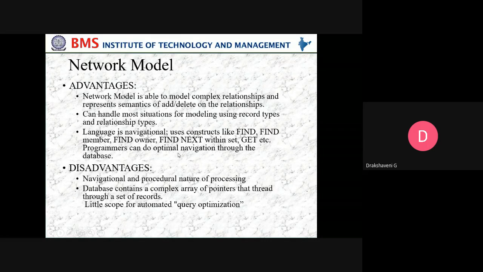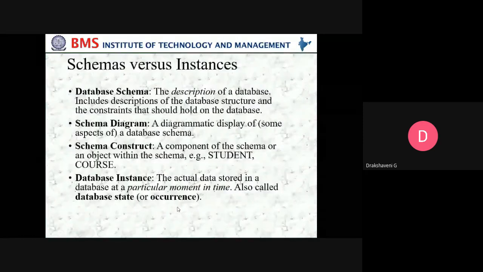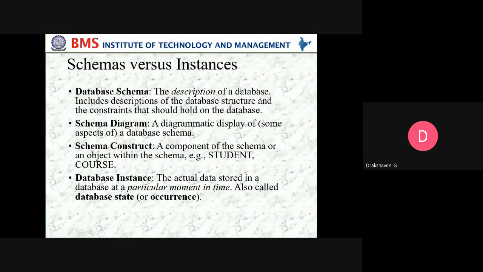Programmers can do optimal navigation through the database. The disadvantages are the navigational and procedural nature of processing. The database contains a complex array of pointers that threads through the set of records, so there is little scope for automated query optimization.